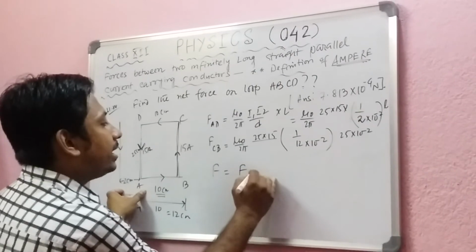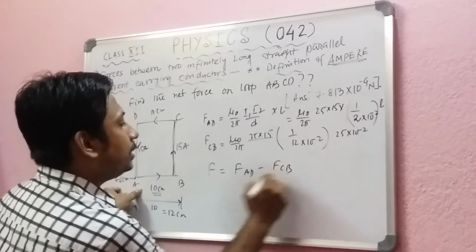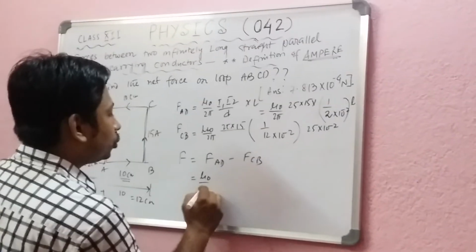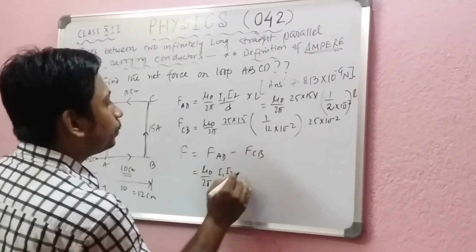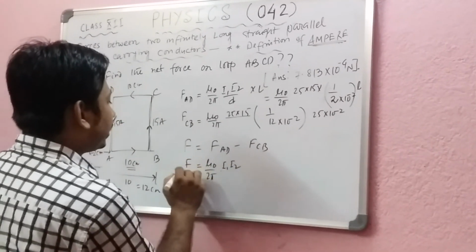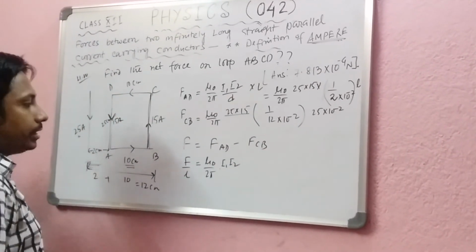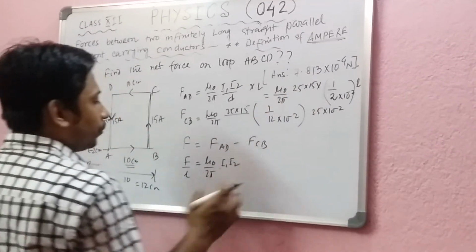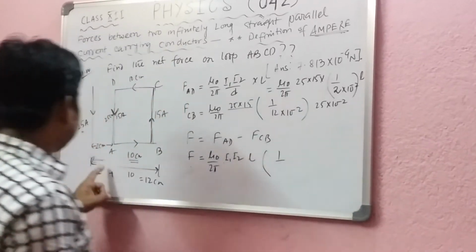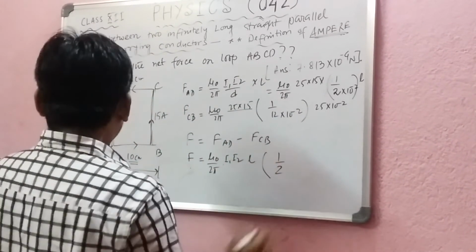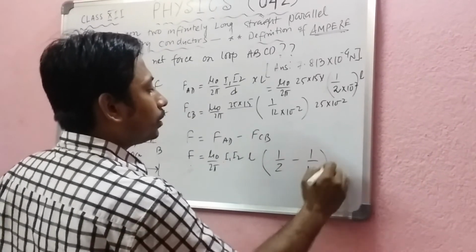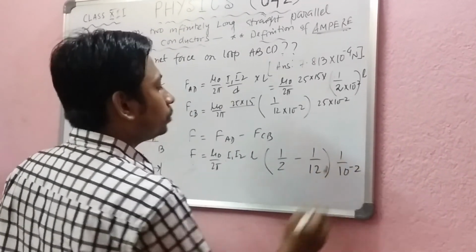So mu 0 by 2 pi I1 I2 into L, and we can divide F by L if we need Newton per meter. Then 1 by D, D means the distance, 1 by 2 minus 1 by 12, with 10 to the power minus 2.